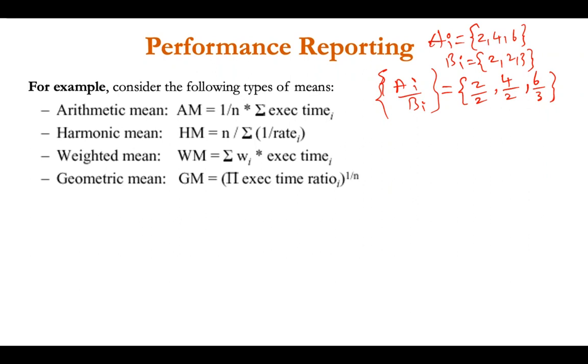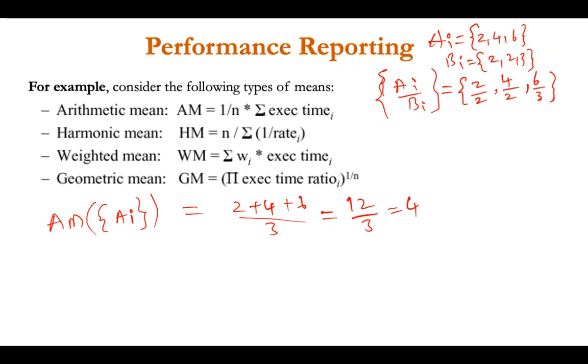So if you take this example and apply the arithmetic mean of your AI, how will you get the arithmetic mean? There are three elements, so you get 2 plus 4 plus 6 divided by 3. That gives 12 divided by 3, which is equal to 4.